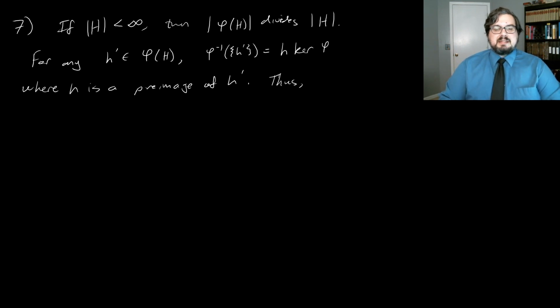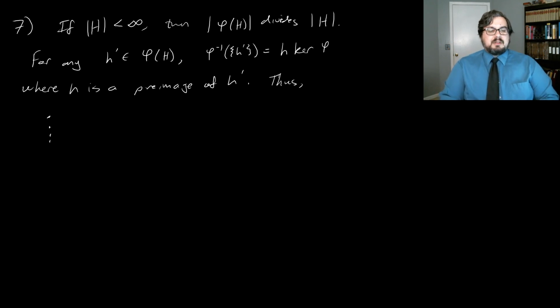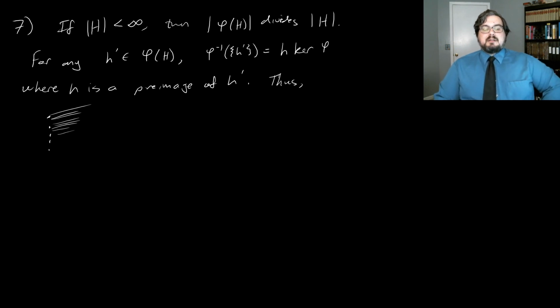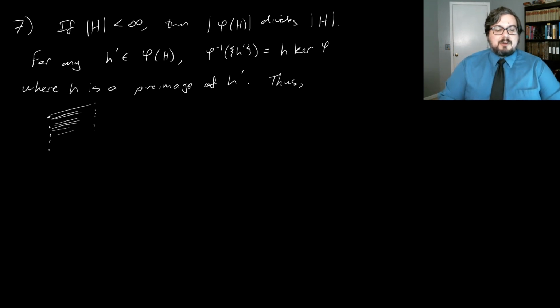Thus, this means that if I take the elements of phi of H and look at each of them, each comes from the same number of preimages beforehand.